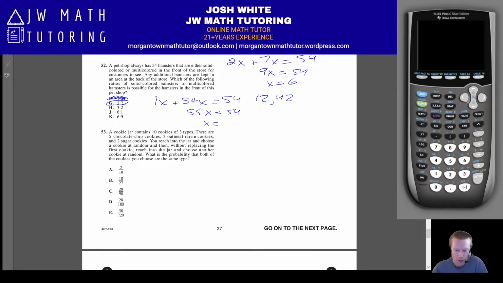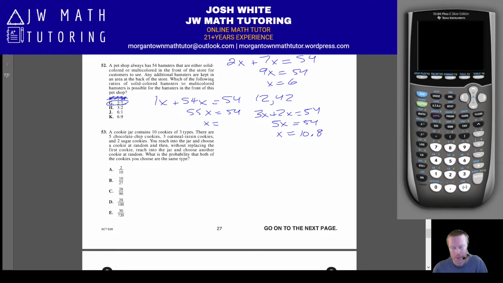Just to show you real quick what would happen with some of the other ones, like if you tried to check 3 to 2, so 3x plus 2x equals 54, you would get 5x equals 54, and then x is going to come out to some decimal. It should be 10.8.